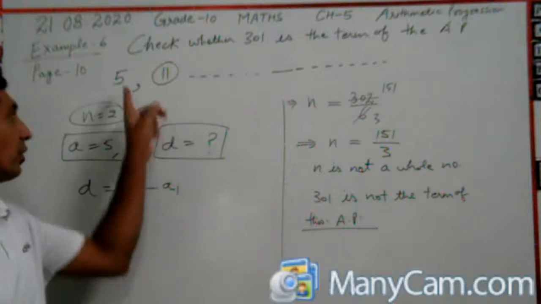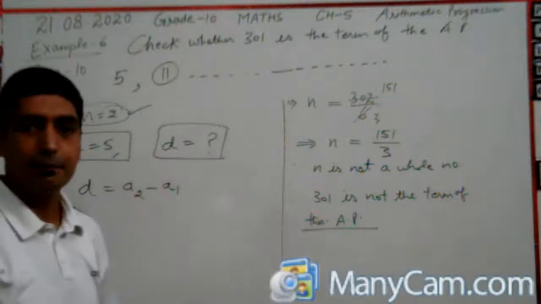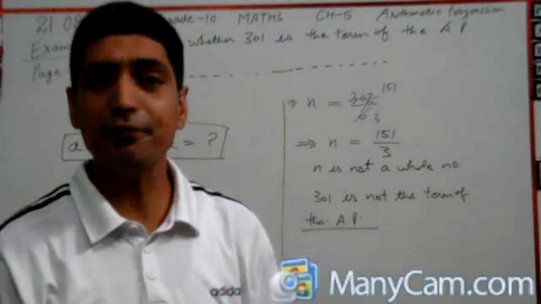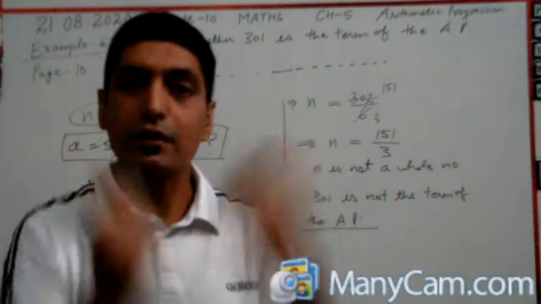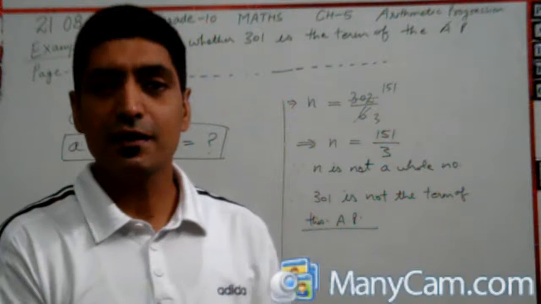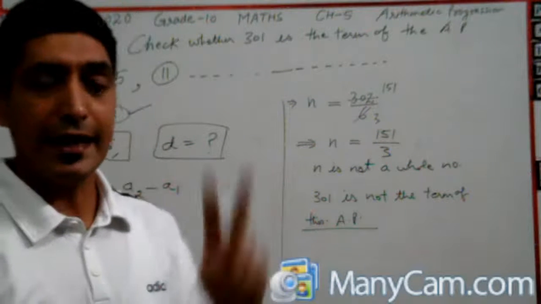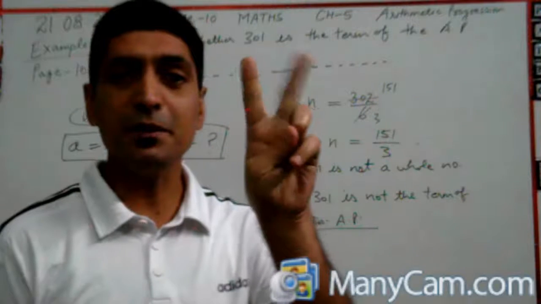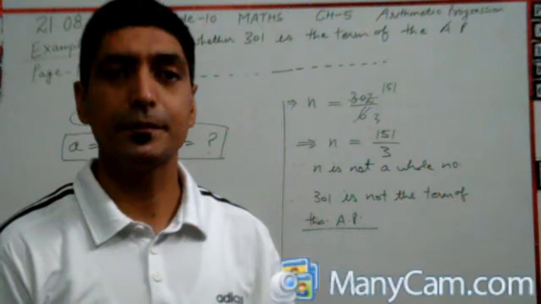If it is given that the AP is starting from 5 and the next term is 11, then we can find it. What is example number 5? Now focus, just rewind the lesson. 10 minutes back I discussed example number 5. Example number 5, minimum 2 terms. If we know, we can find the whole AP.